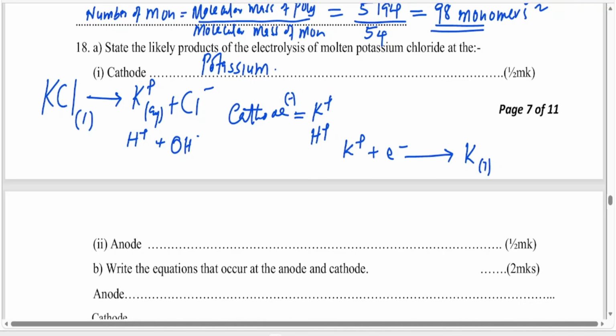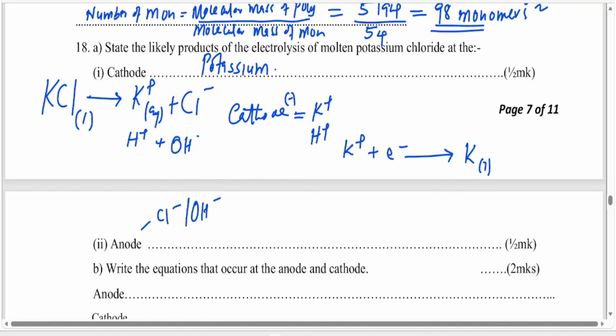At the anode, we expect chloride, and we also expect hydroxide to be discharged. But hydroxide should have been discharged, but now because the molten solution is a highly concentrated solution, we discharge chloride ions because of their high concentration.